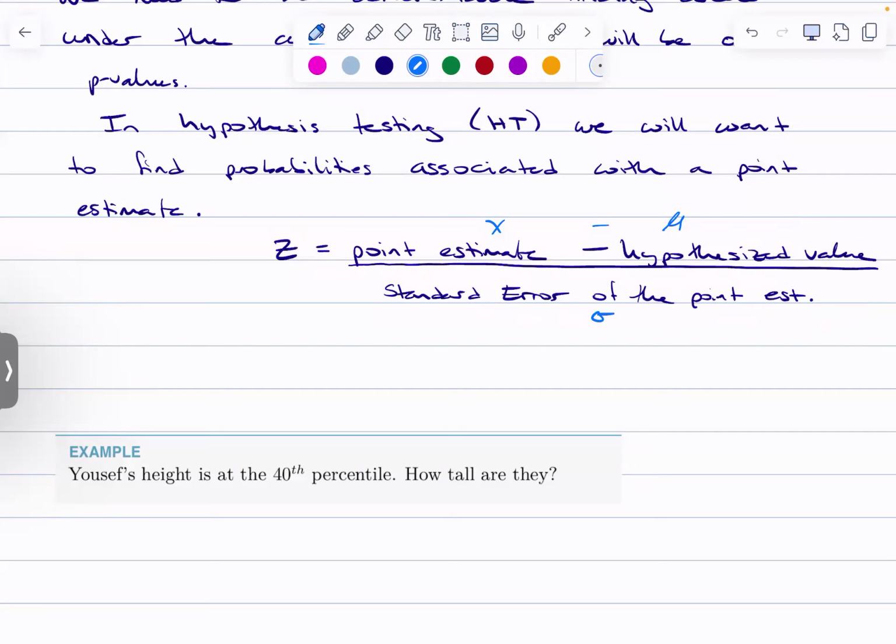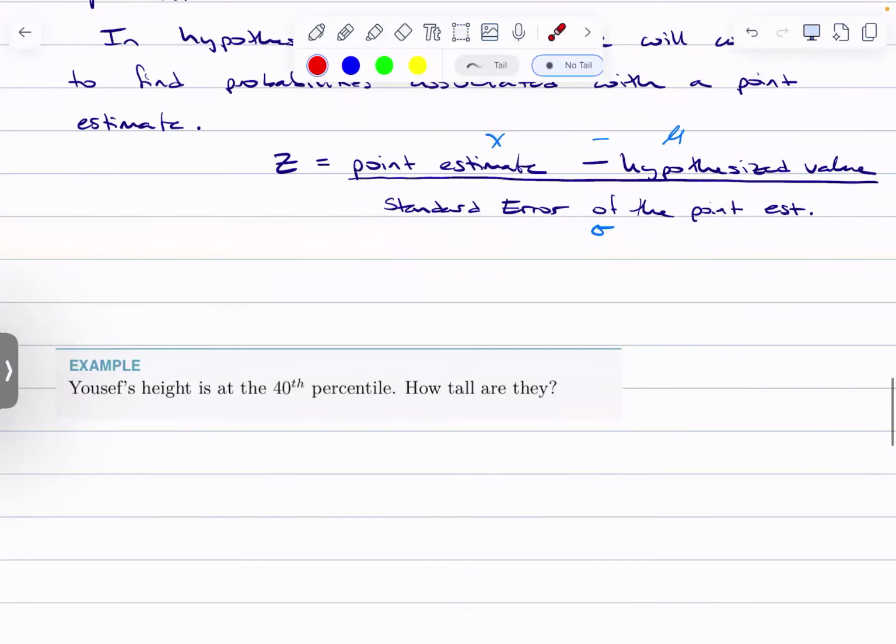There are mathematical models that establish, if you have a point estimate such as p hat, then the standard error of that point estimate is the square root of p hat q hat over n, for example, p naught q naught. We'll save that for next week. But we will get to a z because it will follow a normal distribution, assuming some conditions have been met.